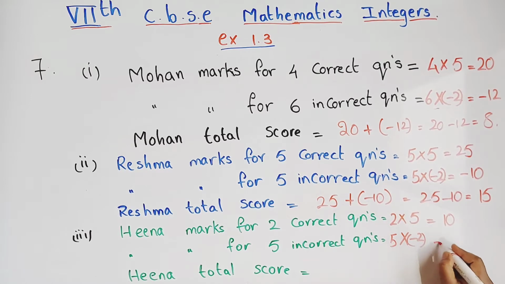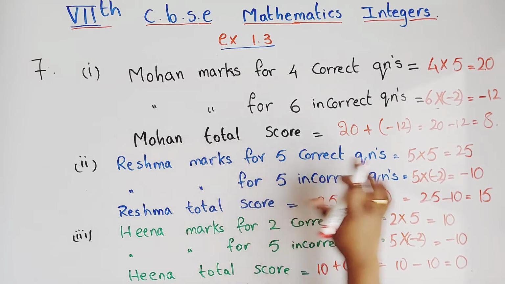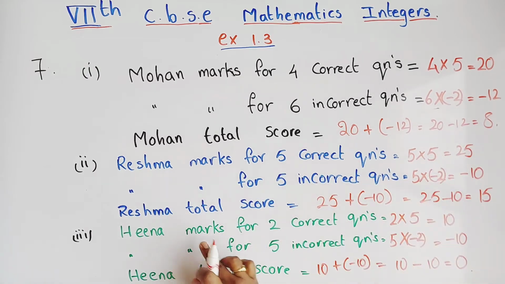So 5 2s are 10, minus is there, so minus 10. What is her total score? 10 plus of minus 10, it is 10 minus 10, children, that equals 0. So Mohan's total score is 8, Reshma's total score is 15 and Hina's total score is 0, children.